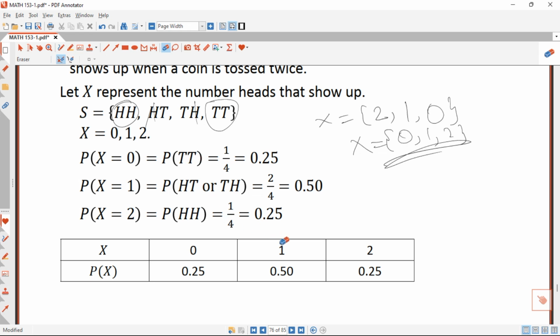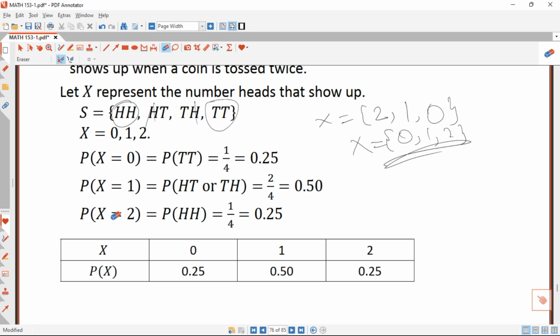And then for the second one, the probability that our x is equal to 1 means that we have only 1 head, and there are 2 observations here that have only 1 head. So here we are going to get 2 divided by 4, because our number of events is 2 and our number of sample space is 4. When you divide it, you get 0.5.